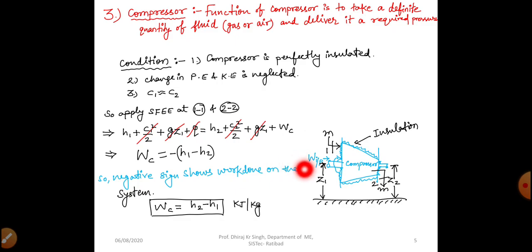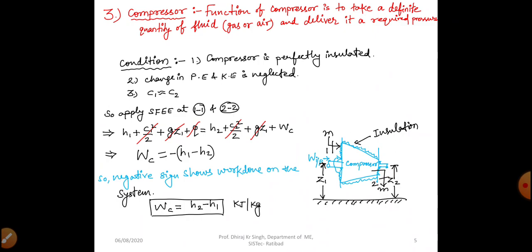So wherever we give work input in that particular device, our work done is negative, and when we get the negative sign, that means work done on the system. So the final expression for compressor work is WC equal to H2 minus H1, in kilojoule per kilogram, right? It is just opposite to the net work done by the turbine. So WC equal to H2 minus H1 kilojoule per kilogram.